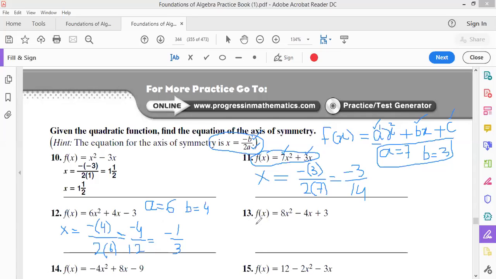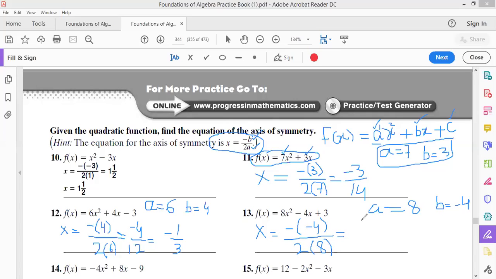Question number 13. I'm solving this last question and then you will solve other questions and send me the answer. So in question number 13, a is 8 and b is negative 4. Yes, negative, it's important. Then in the formula you have minus, and in the bracket you will write negative 4, over 2 times a, which is 8.